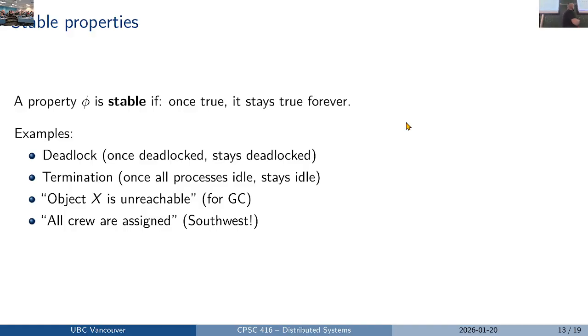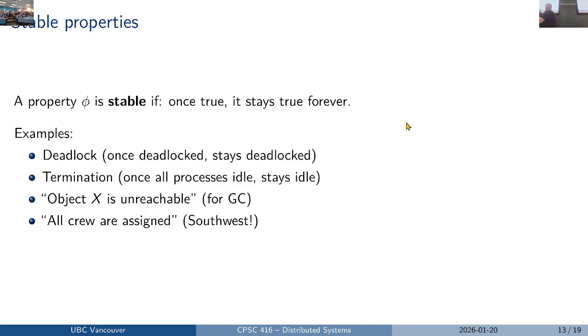We say that once a process becomes idle, it stays idle, so we have a termination property that is stable. We have an object X is unreachable. Nobody's using this blob of memory, I can garbage collect it. That's a stable property. And these stable properties are going to be useful for us as we start analyzing our systems.